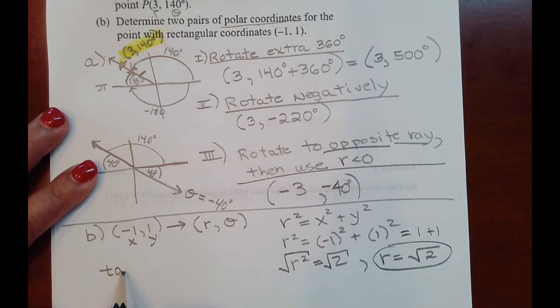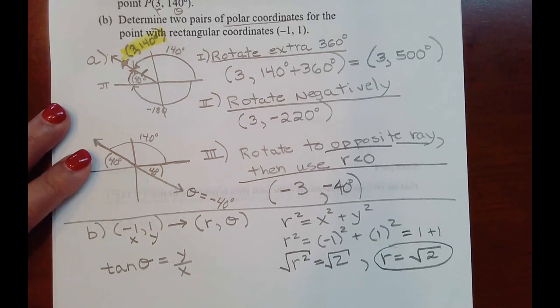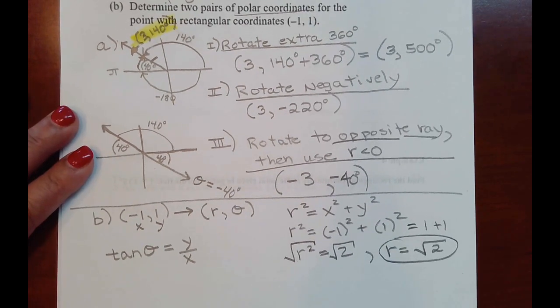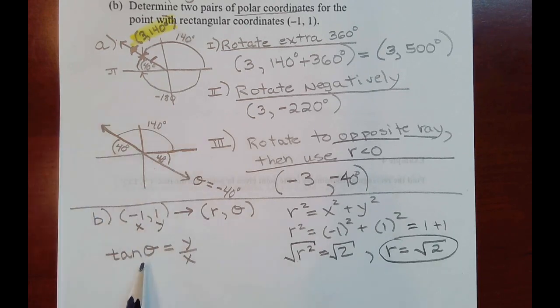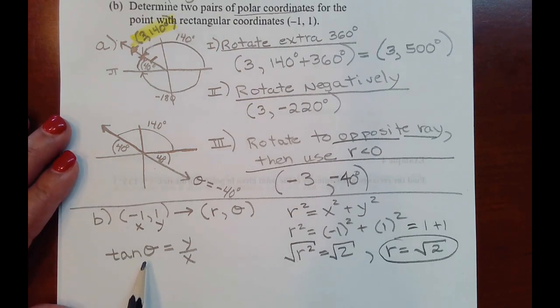Whenever you are using this formula right here, tan of the angle you're looking for is equal to y over x, you're really finding just the reference angle any time the point is not in quadrant 1. If you were in quadrant 1 with these 2 coordinates, then your actual theta would be the same as the reference angle, so you go directly to the actual theta.